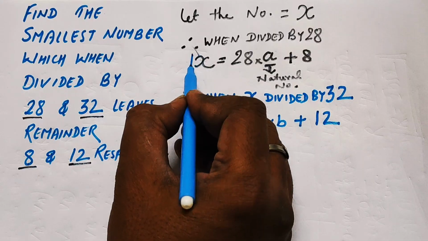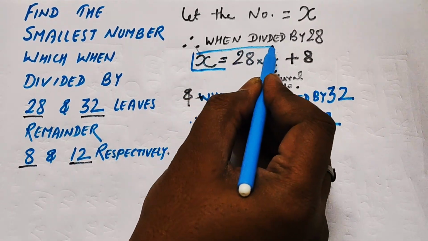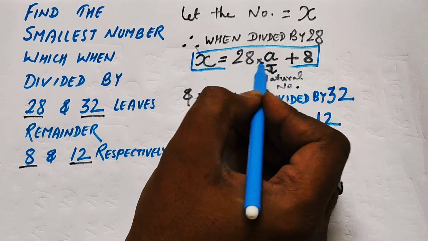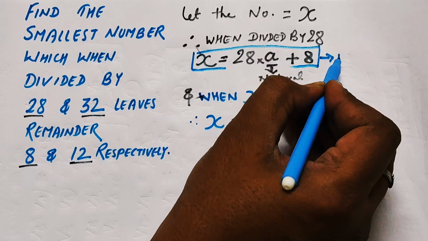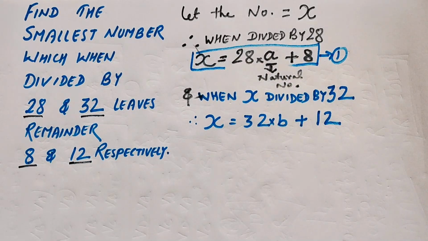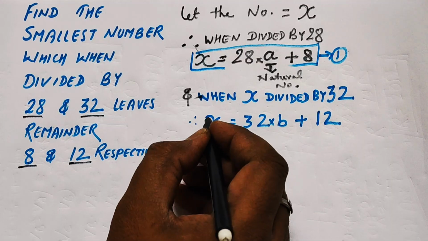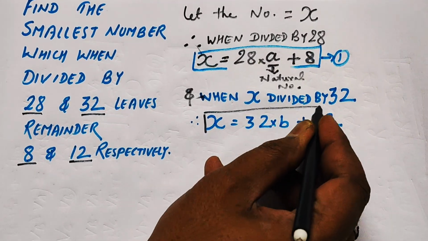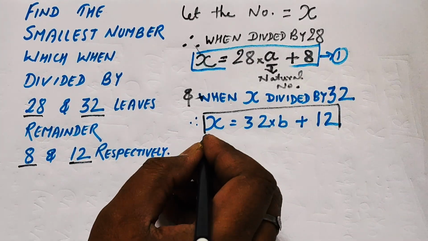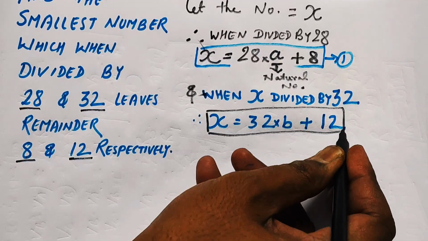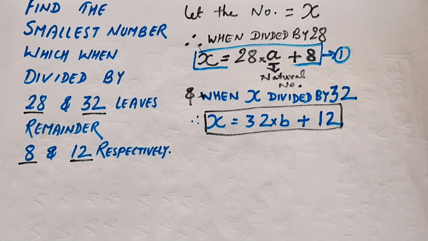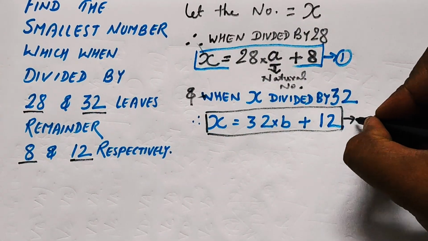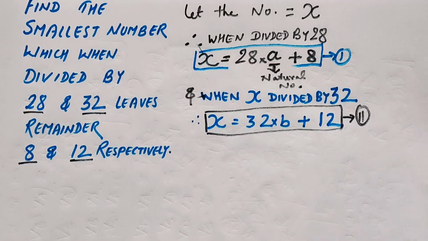So these are the two equations with us. This is the first equation and the lower one is equation number 2, right? I am marking it with a different color in black. This is equation number 2, right?